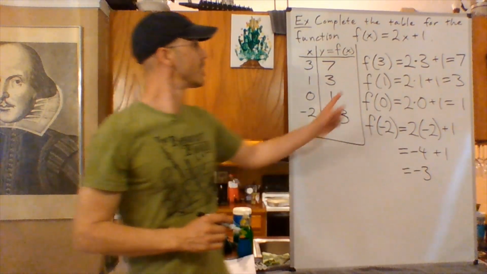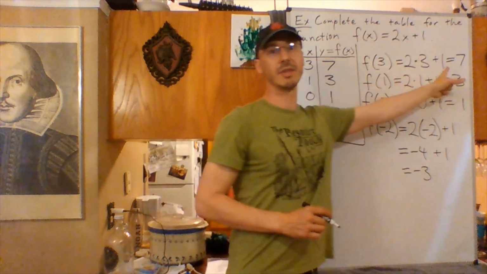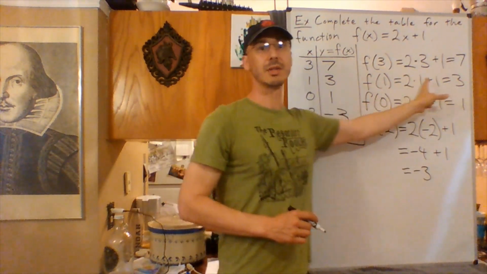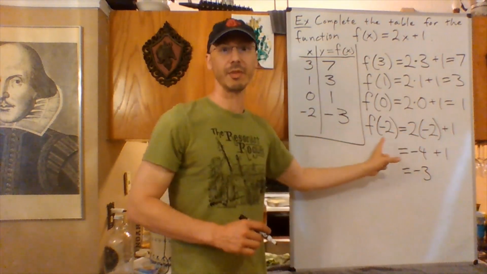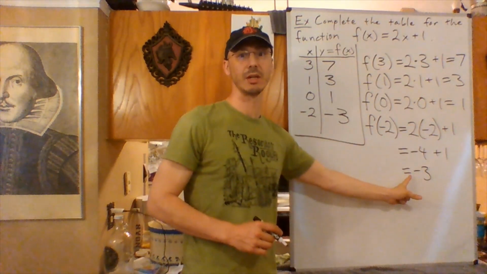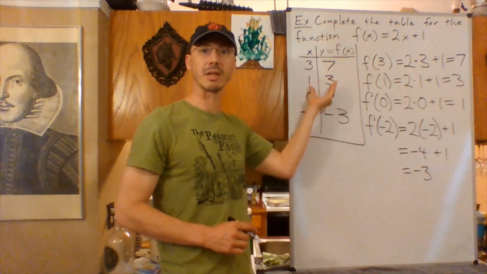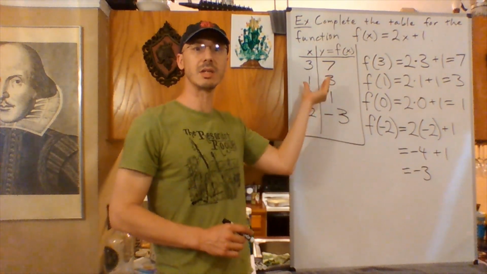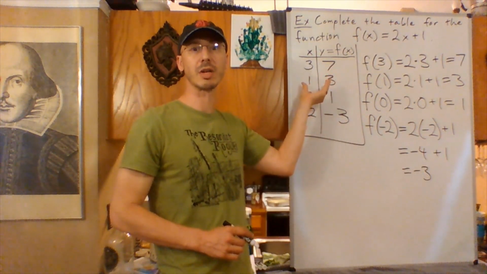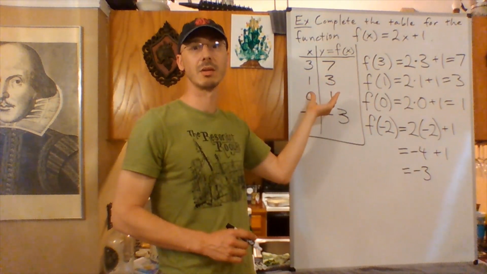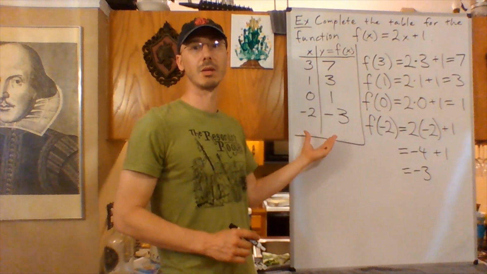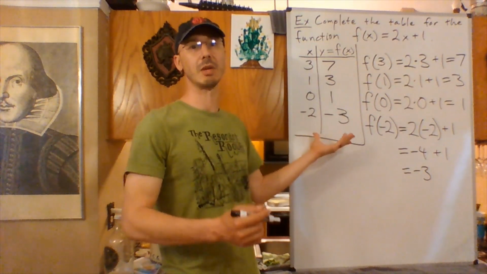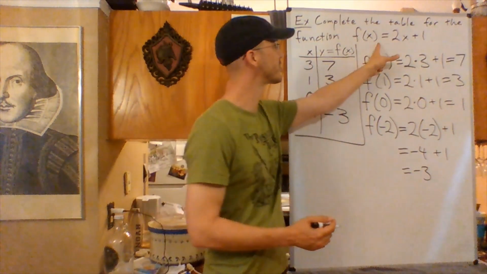So in short, f of 3 is 7, f of 1 is 3, f of 0 is 1, and f of -2 is -3. I've got this summarized in my table here, and you can see that these are ordered xy pairs. I could plot these on a graph, and the shape would be a line, which you might have guessed from this.